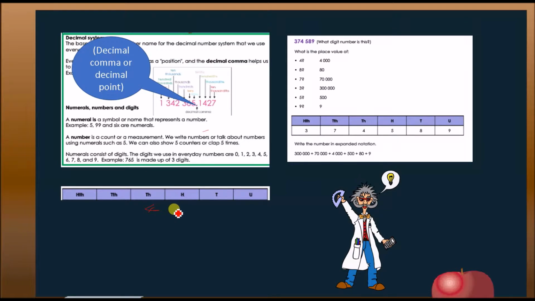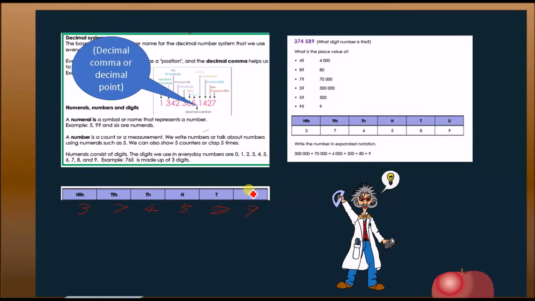The 8 is in the position of the tens. The 7 is in the position of the 10,000s. The 3 is in the position of the 100,000s. The 5 is in the position of the hundreds. And the 9 is in the position of the units.